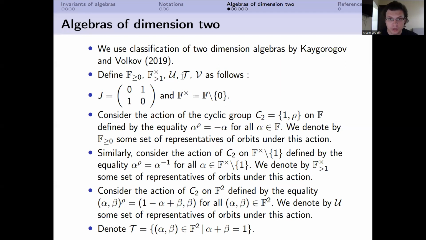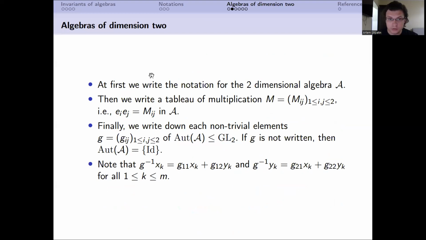So this classification. Okay, at first, before the classification, some remarks, and then I will show you the classification. At first, the notation of the algebra is written, then the table of multiplication is written. I will omit the symbol M, and it's a 2x2 matrix, where in position, let's say, (1,1) stands the multiplication of E1 by E1.